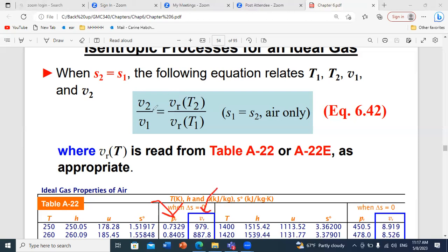So you can say also that if I know that air is undergoing an isentropic process, so S1 is equal to S2, I can write the specific volume at state 2 over specific volume at state 1 is equal to VR at T2 over VR at T1.